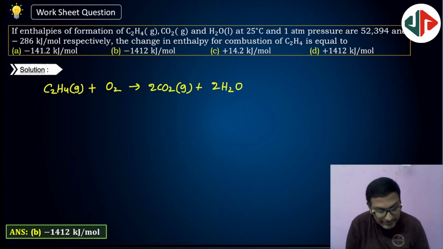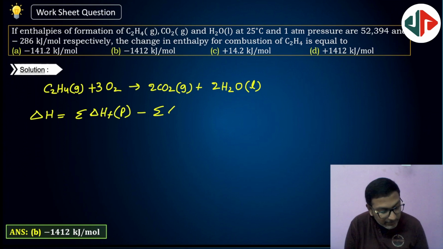You can take it gas. At 25 degrees centigrade room temperature, it will be in liquid form. So by balancing, we'll get 3O2. So delta H equals summation of delta H formations of products minus summation of delta H formations of reactants.